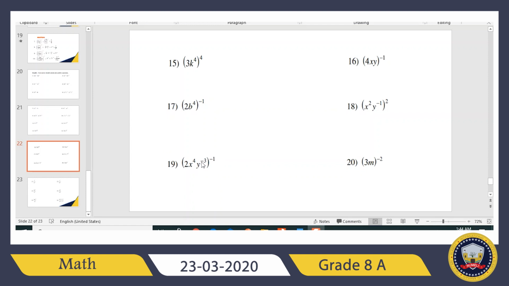For y, negative 3 times negative 1, negative times negative gives me positive. So it means 2 power negative 1, x power negative 4, y power positive 3. So here the answer should be 2 power negative 1, x power negative 4, y power 3.